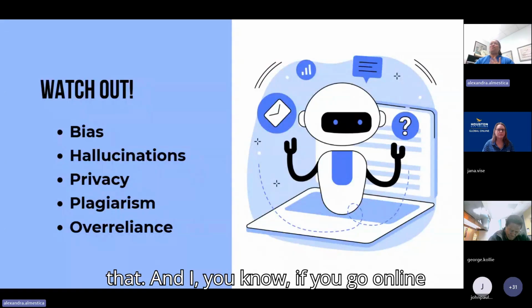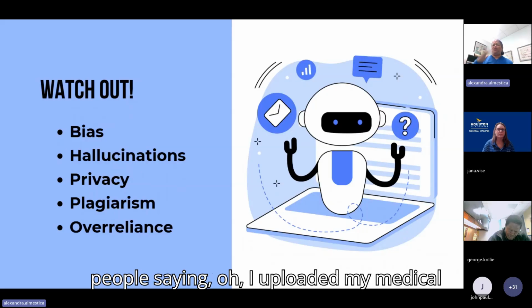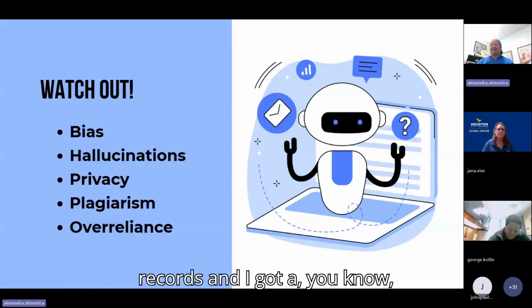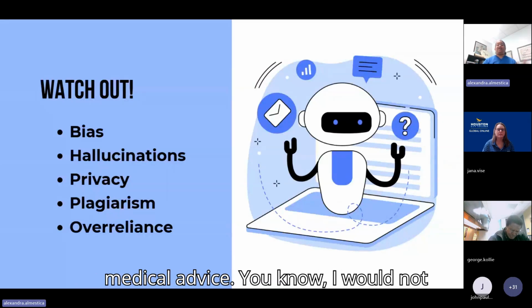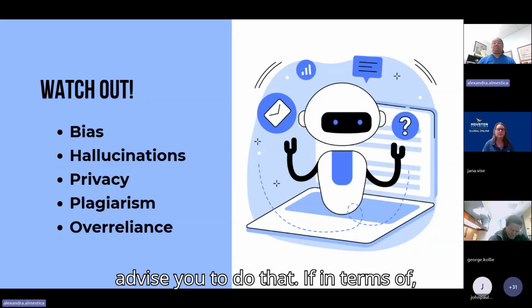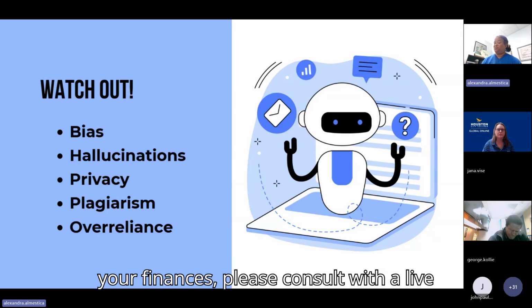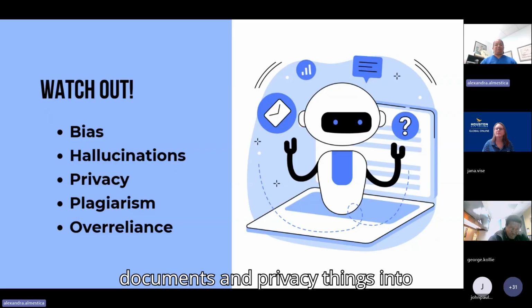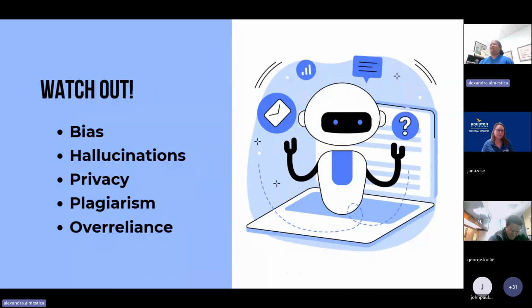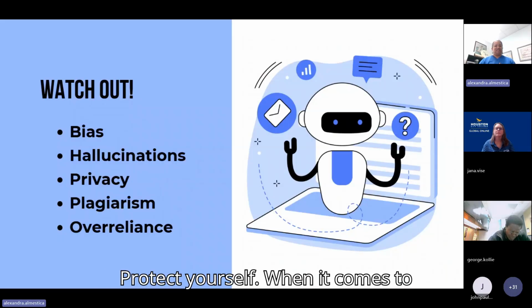If you go online on YouTube, sometimes you can hear some people saying, oh, I uploaded my medical records and I got a recommendation from the GPT to take some medical advice. I would not advise you to do that. In terms of things like your health and your finances, please consult with a live human professional. Do not upload documents and private things into the large language models. Protect yourself.